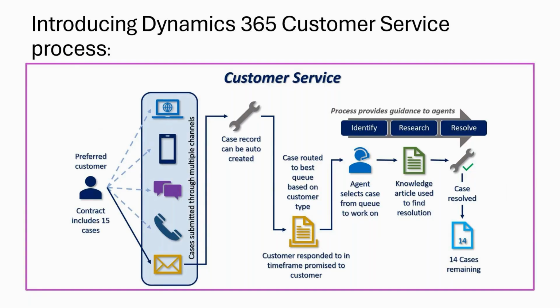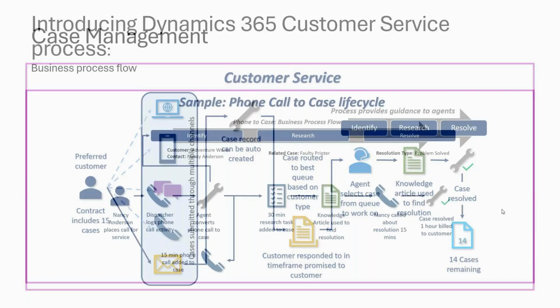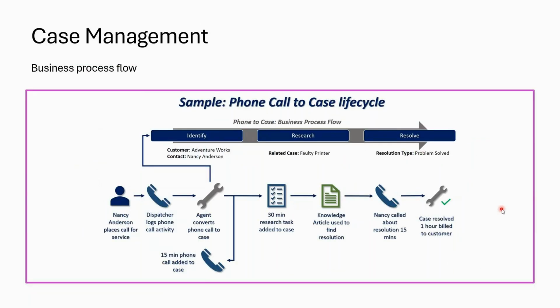Then if it is a phone call, for example, the same thing. Nancy Anderson phone calls to a service and wants to have this call, and the agent converts the phone call here, and identifies the customer and contact is Nancy. Then the research will happen.